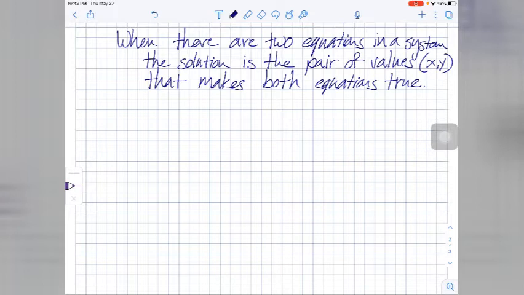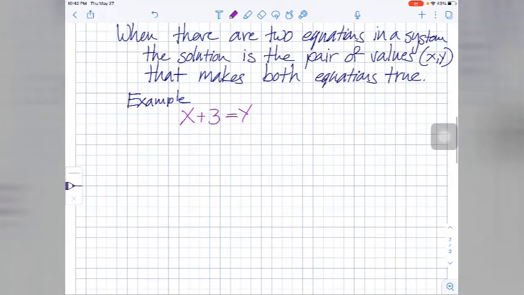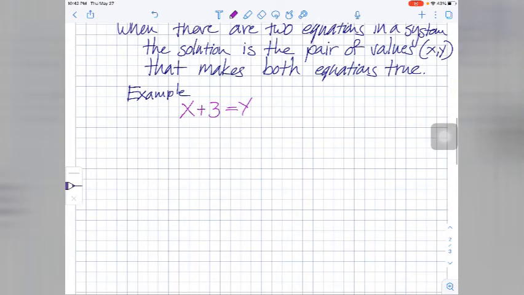Okay, so for this example, we're going to use two equations. I'm going to stick with the one I have just been using, so I'll make it purple. I'll just use x plus 3 equals y. That's the same example we were just using. You could also look at it as y equals x plus 3.